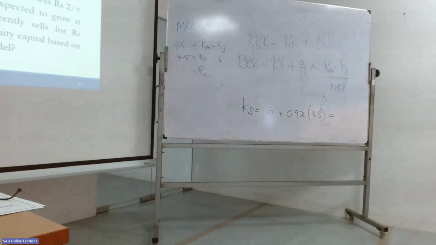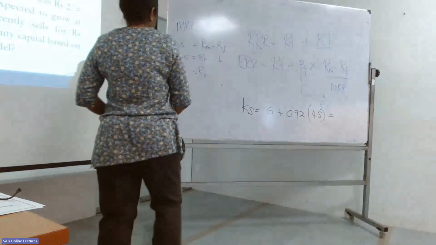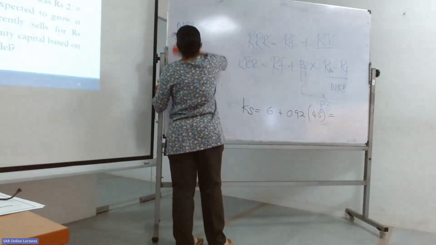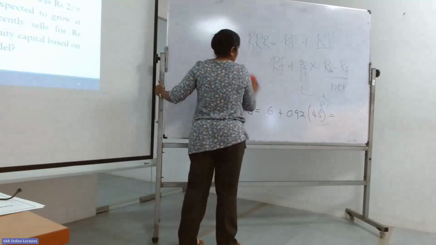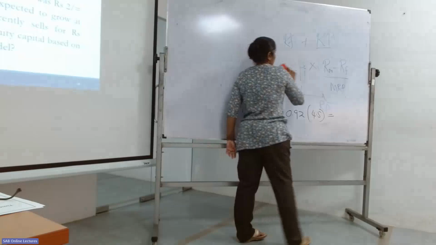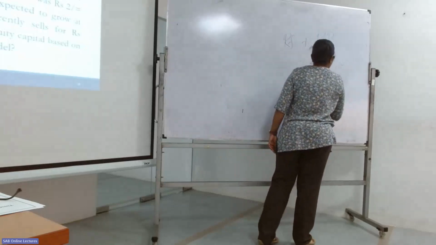What is Alpha's cost of equity capital based on CAPM as well as the dividend growth model? With the given information, you can apply both CAPM and the dividend growth model. Calculate the answer.